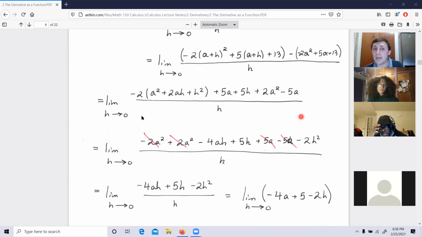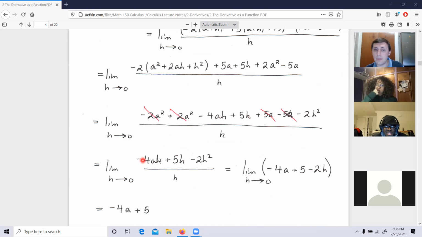Yes? Then I begin to cancel out things that I can remove here. Do you see here? I can say minus 2a squared can be canceled with 2a squared, 5a with minus 5a, and this is what is remaining. Do you see that? This is what remained.